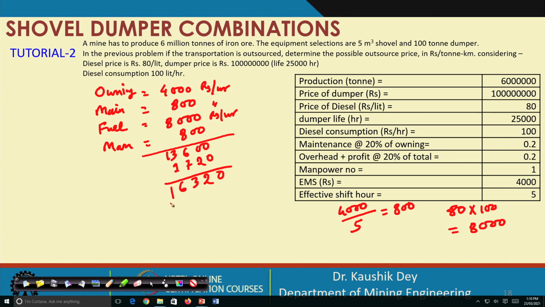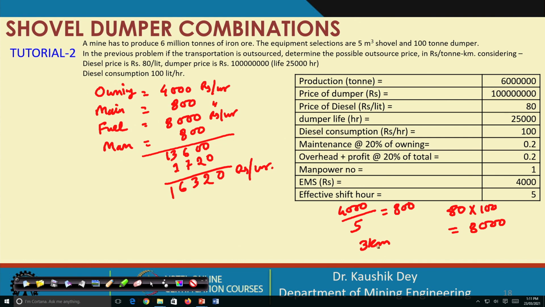So, this is the total cost in rupees per hour, but we have to see what is the material transferred on this, and that has to be expressed in ton kilometer. We know our average lead distance is considered 3 kilometer.